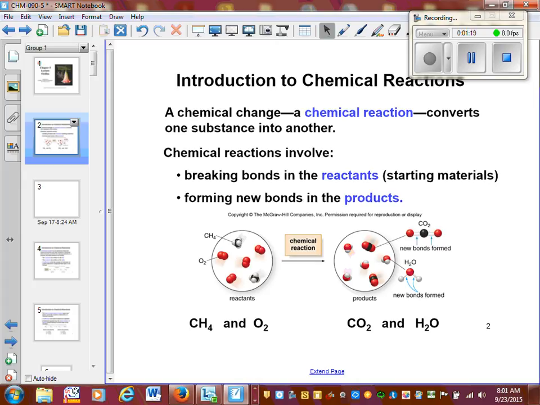So, a reaction involves breaking bonds in the reactants, what we call the starting materials, and forming new bonds in the product. So here we have methane and oxygen. We're going to pull all these bonds apart, essentially break them down into their atoms, then reassemble the atoms into new molecules, in this case, carbon dioxide and water.